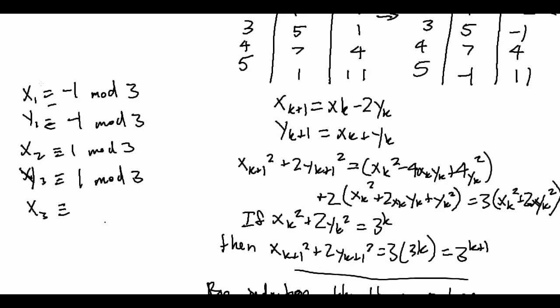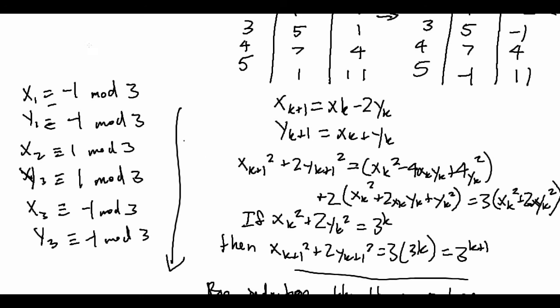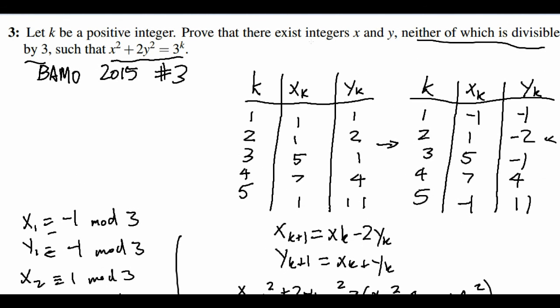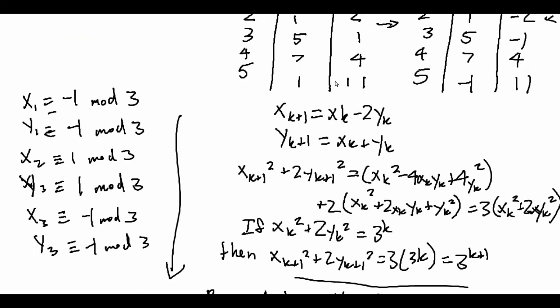So 1 minus 2 is negative 1 mod 3. And y3 is negative 1 plus 1 mod 3, which is 2, which is also negative 1 mod 3. And as you can see, this keeps going, alternating between negative 1 mod 3 and 1 mod 3, never reaching 0 mod 3. And thus, by this logic, neither of them is divisible by 3 either. So we prove the entire thing.